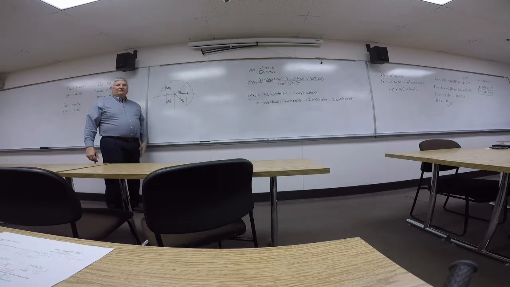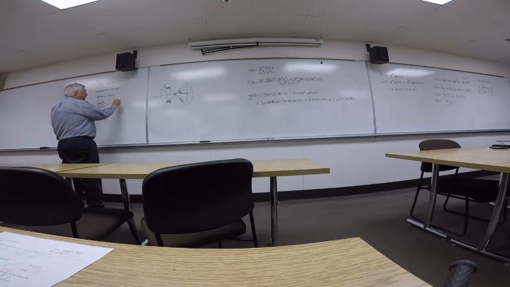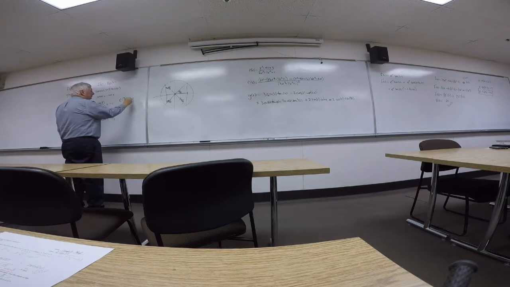Negative over positive, -1. Or you can write x as element of the set, 3 pi over 4, comma, 7 pi over 4.